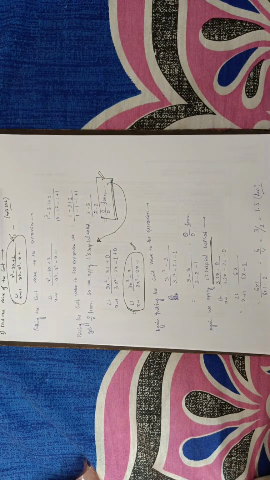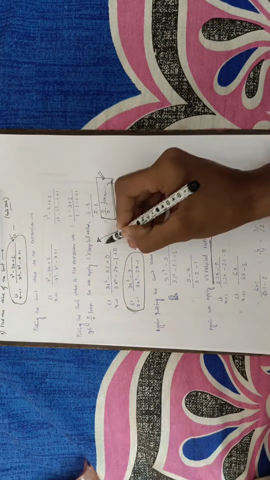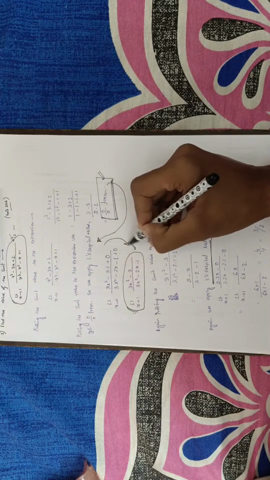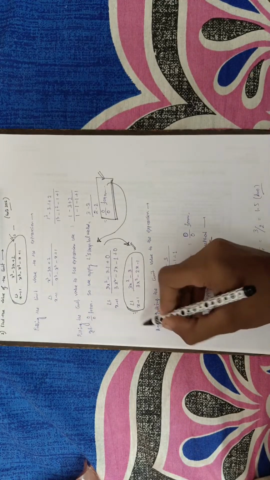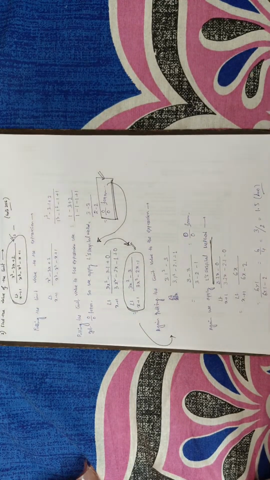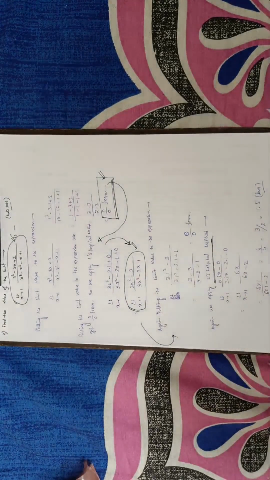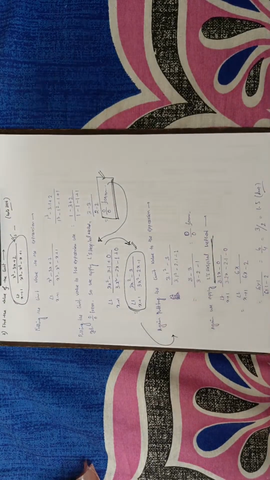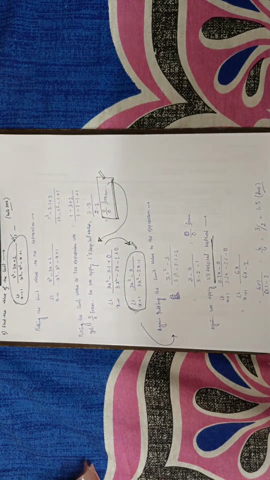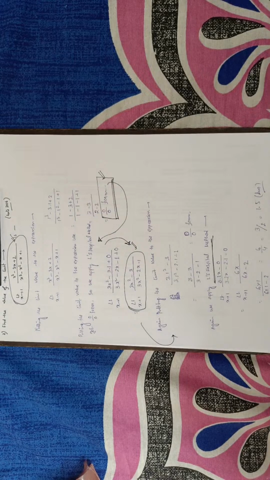If in this case we again get the same type of expression, we check again whether L'Hospital is possible or not. If we do not get this type of expression, then we put the limit value and get the actual answer of this question.